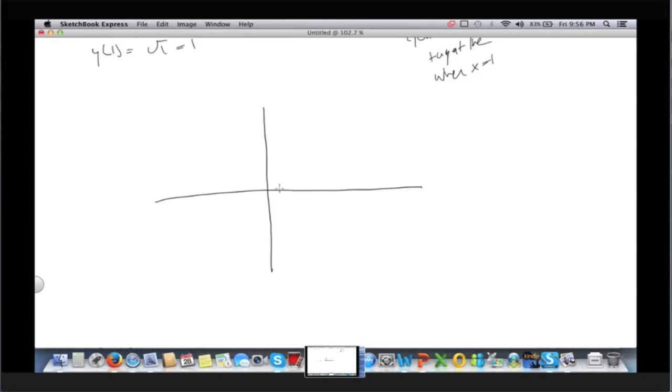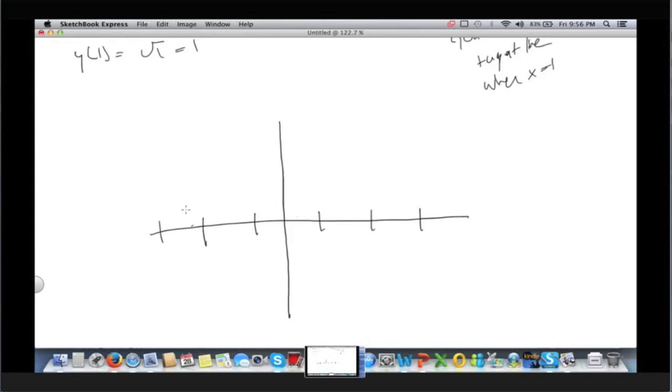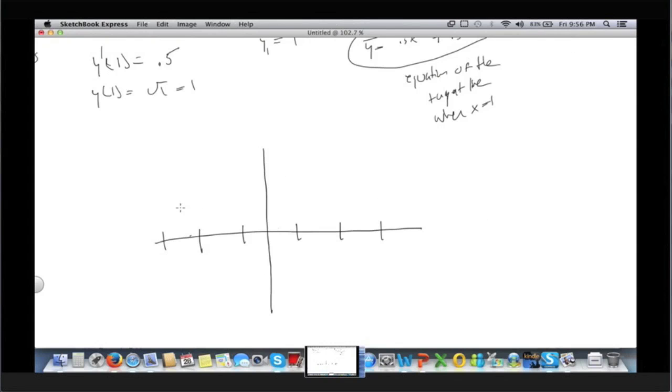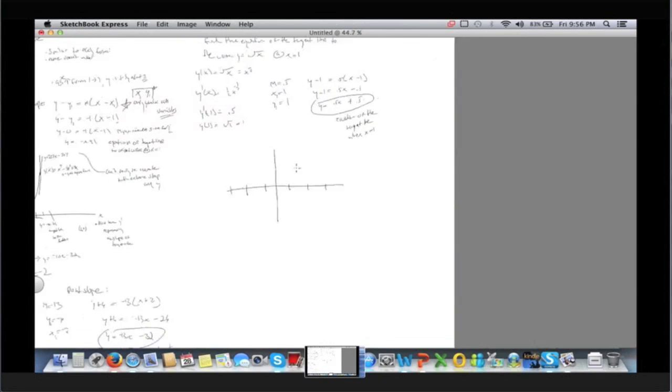Okay, so this one, calculator. X equals 1.